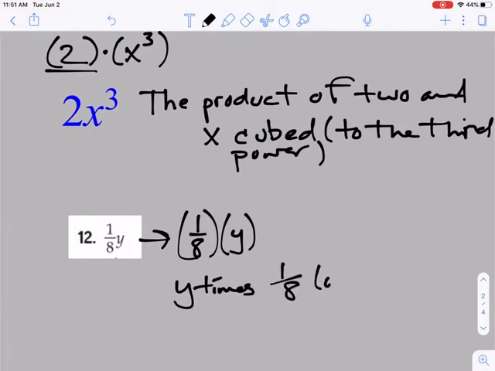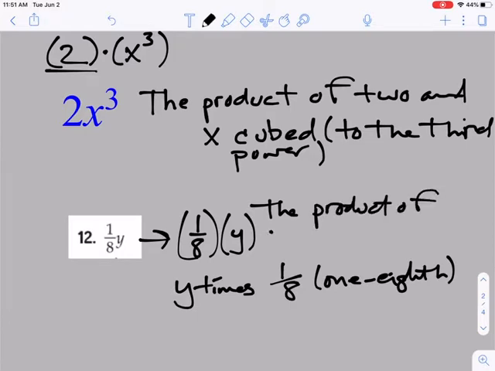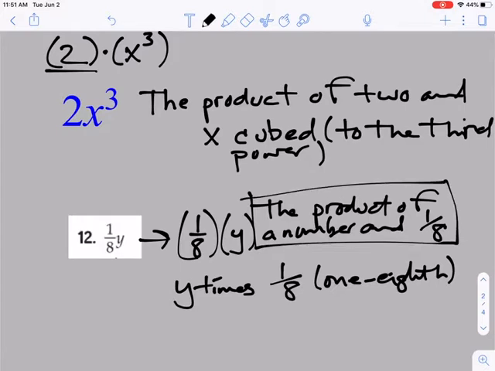You could say it either way, but it's understanding what it is. That's the whole reason we write this stuff out, right? So I personally like the product. I like the product of, let's just say, a number and 1/8. I think that's the most elegant way of saying it for this one.